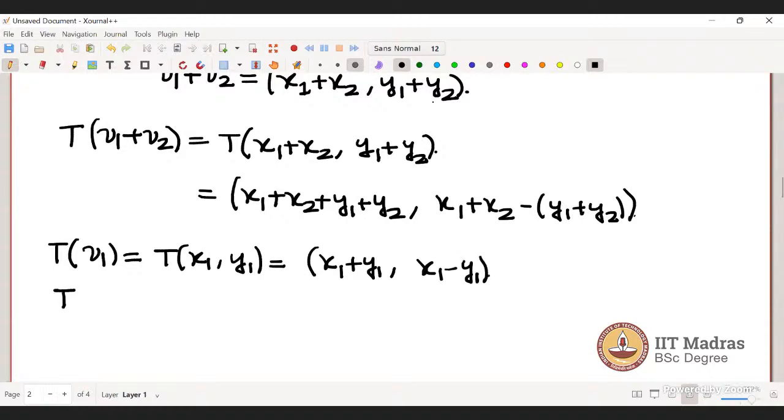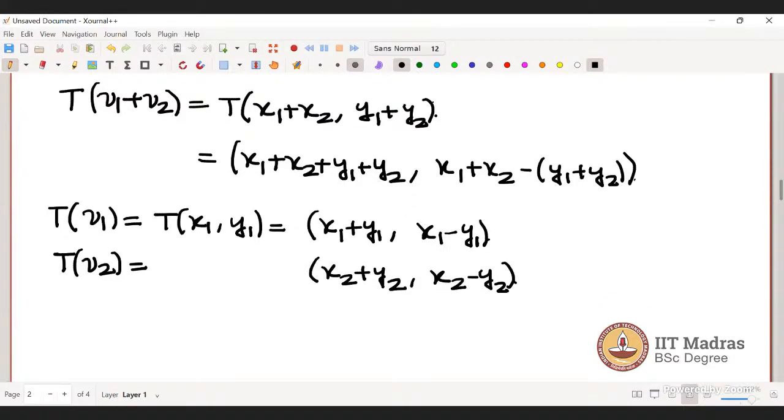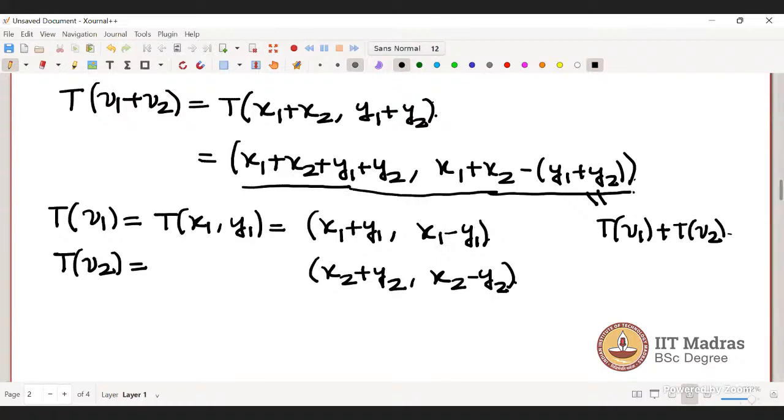And similarly, if you compute T of V2, it's nothing but (x2 plus y2, x2 minus y2). If you add T of V1 and T of V2, you can check you will get this element. So what basically we proved is that T of V1 plus V2 is nothing but T of V1 plus T of V2.